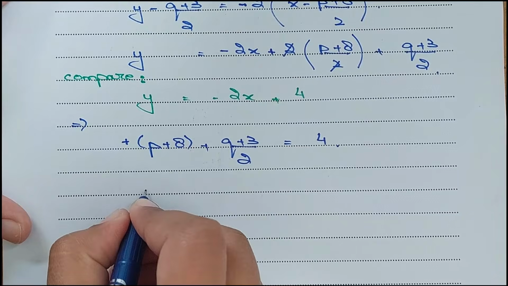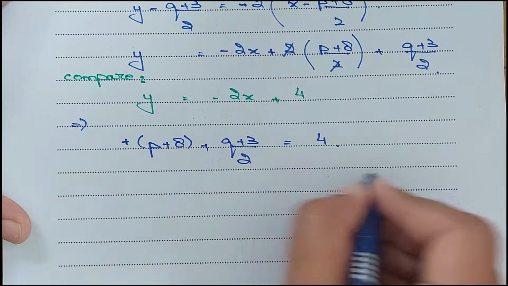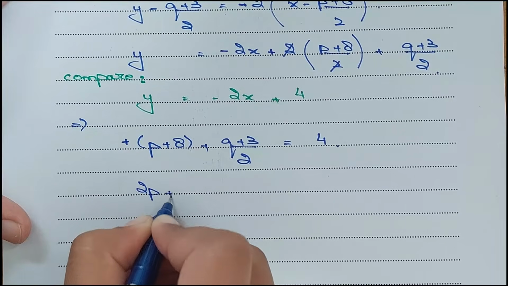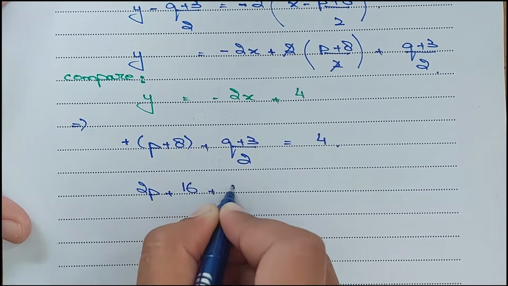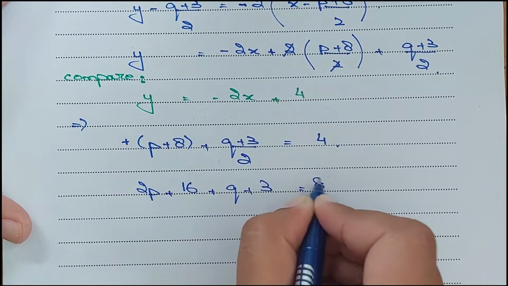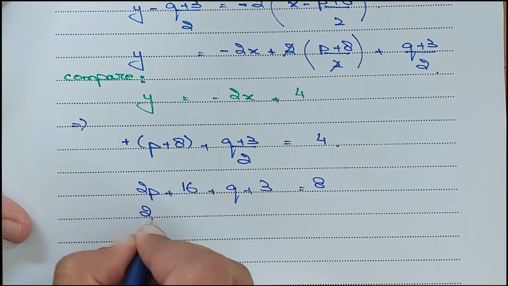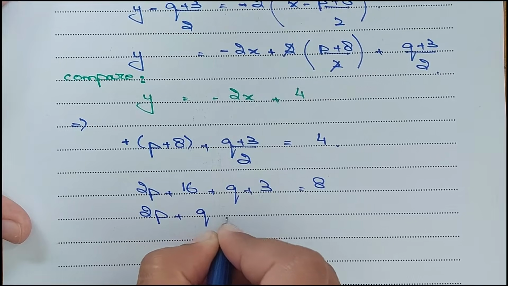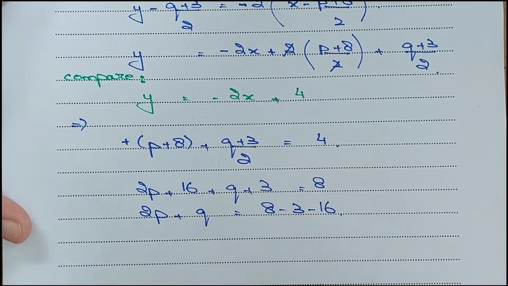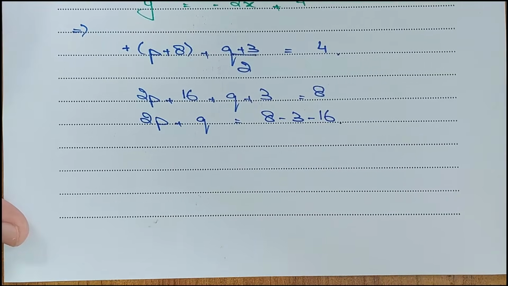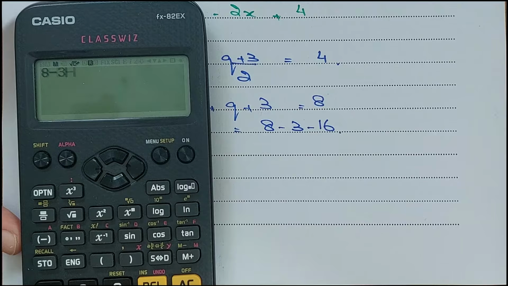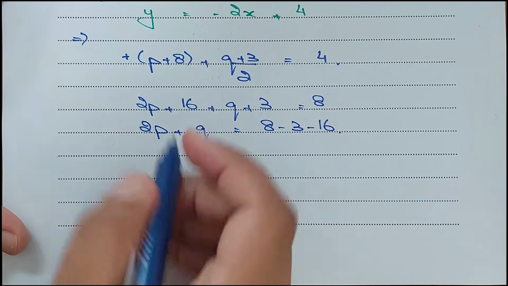Let me make an equation in terms of p and q. So we can say that multiplying throughout the equation by 2, right? So 2p plus 2 times 8 is 16 plus q plus 3 would be equal to 2 times 4, which is 8, right? 2p plus q would be equal to 8 minus 3 minus 16, which makes minus 11.